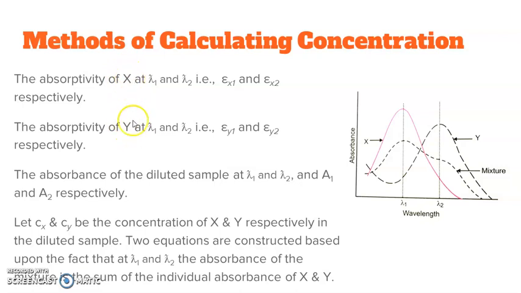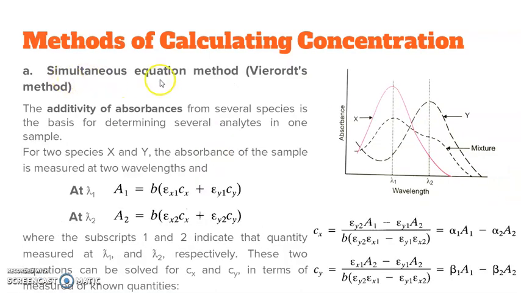If paracetamol and ibuprofen are made into one formulation as one tablet, we need to estimate both in the presence of each other. I mean to say, we need to estimate paracetamol in the presence of ibuprofen, and similarly we need to estimate ibuprofen in the presence of paracetamol. In that particular case, this simultaneous equation method comes to our rescue.